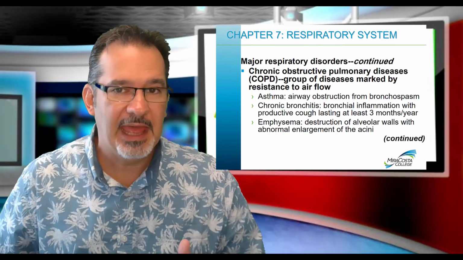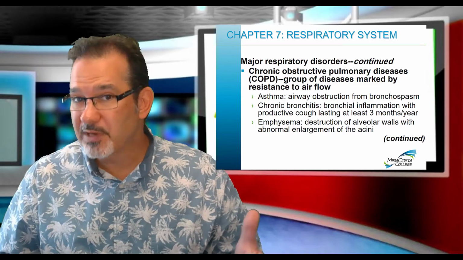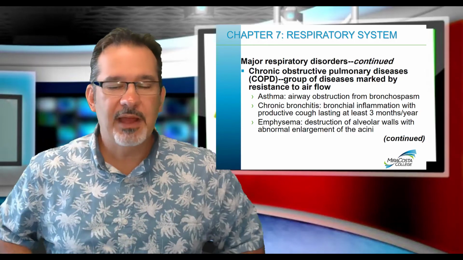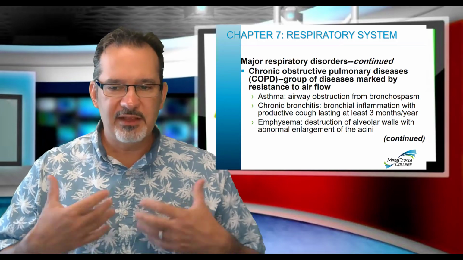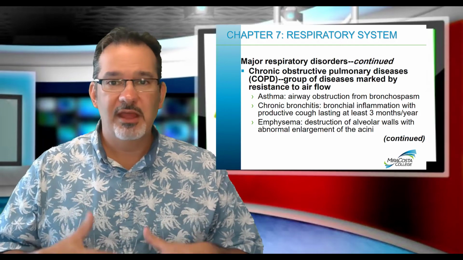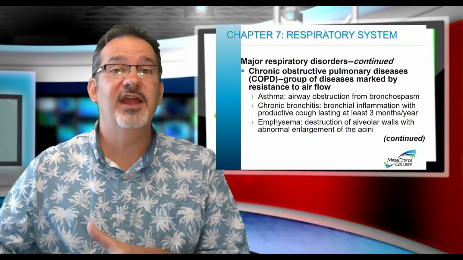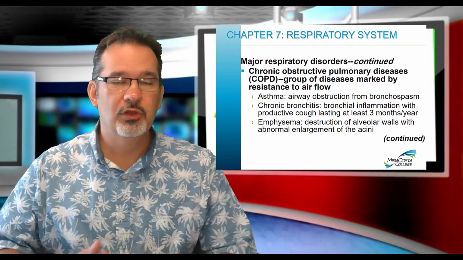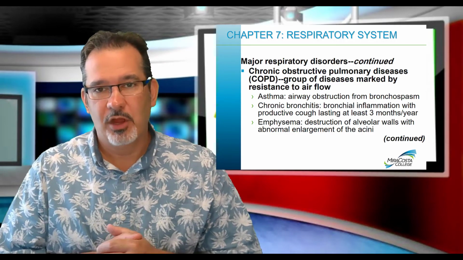Now, can we have a condition that's both chronic and acute? Yes, we can. So if you think about it, somebody who has chronic bronchitis, that means that bronchitis, that inflammation of the bronchi is always there. But a patient can have acute flare-ups of bronchitis, really bad moments of having their bronchitis.